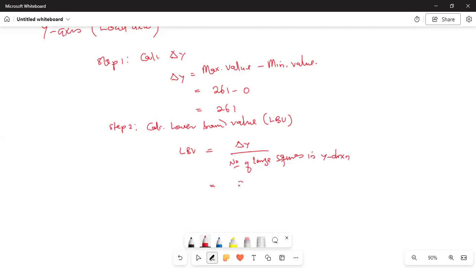Our change is 261. Per the way we turn our graph now, this side now is 10 boxes. 10, okay? So this will give us what? 26.1, okay? This will give us 26.1. Let's proceed.